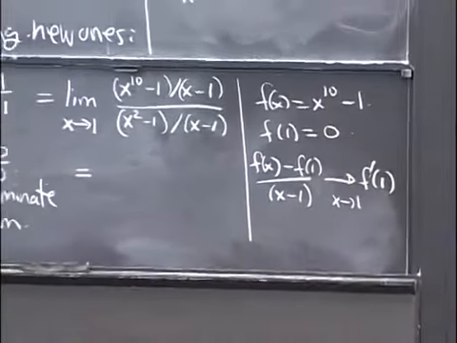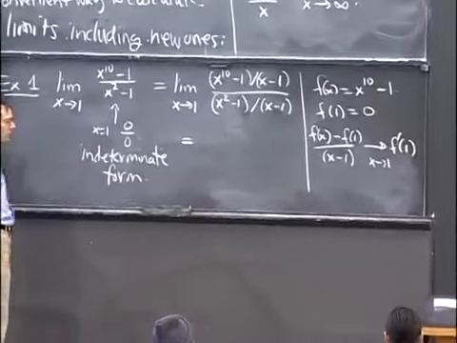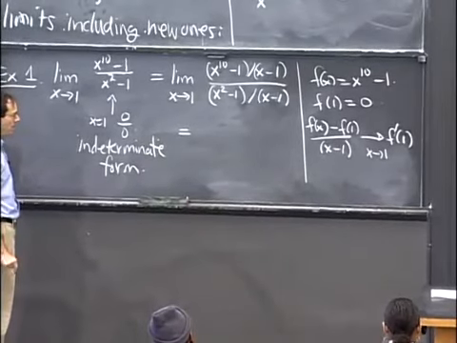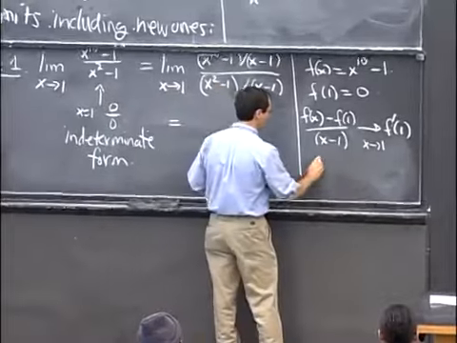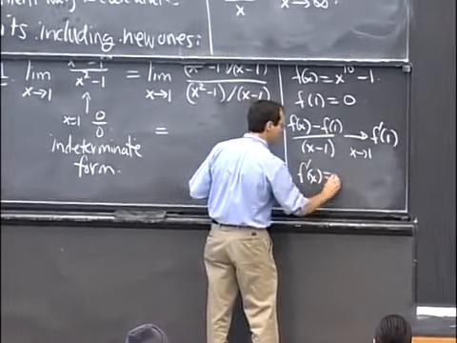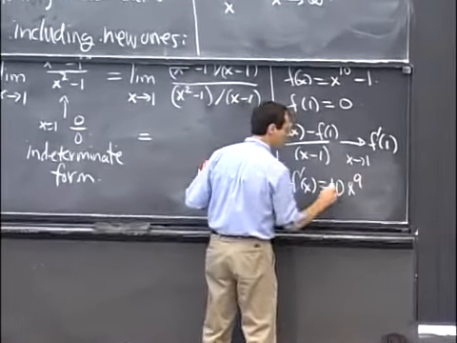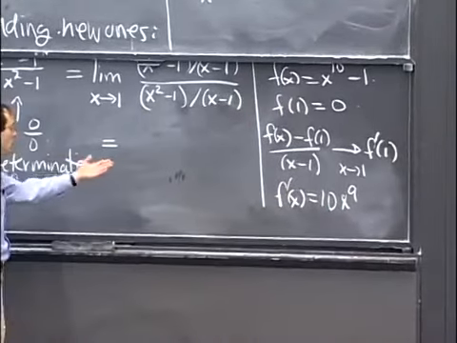That's what it is. So we know what the numerator goes to, and similarly we'll know what the denominator goes to. But what is that? Well, f prime of x is equal to 10x to the 9th power.